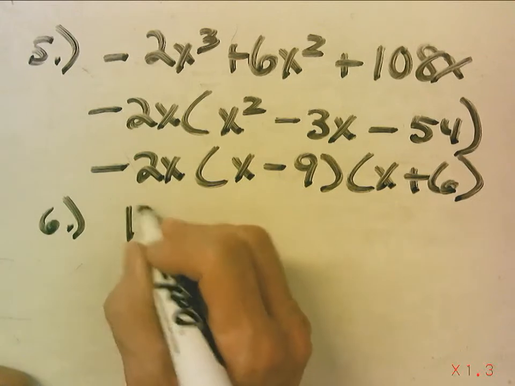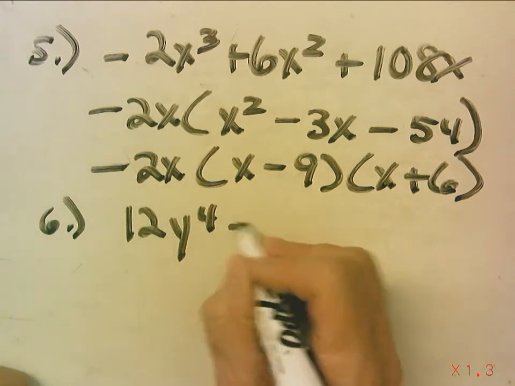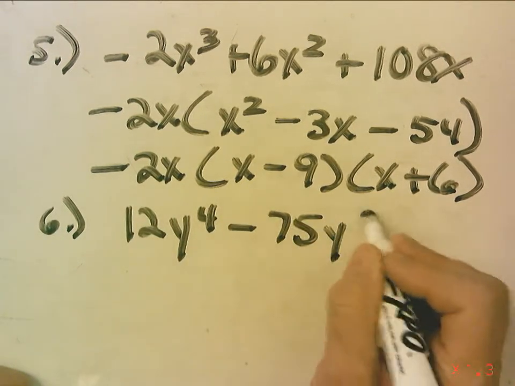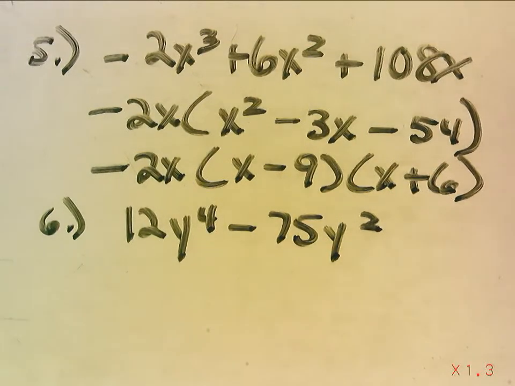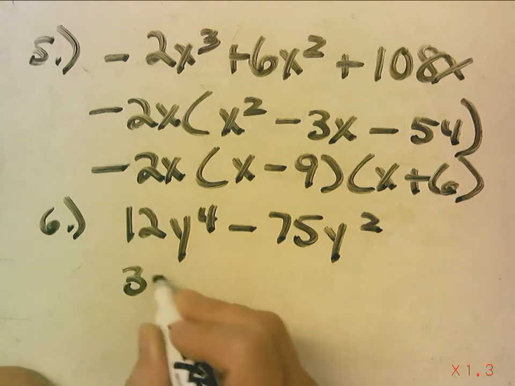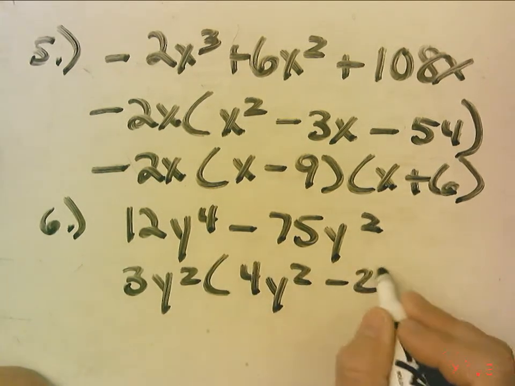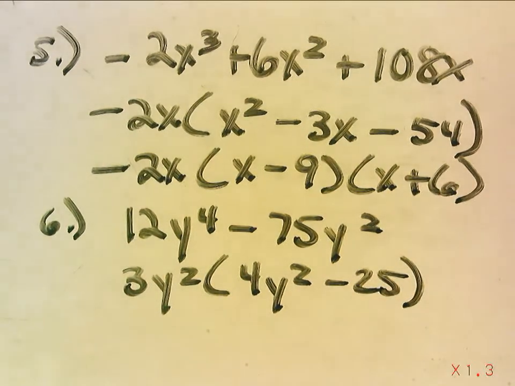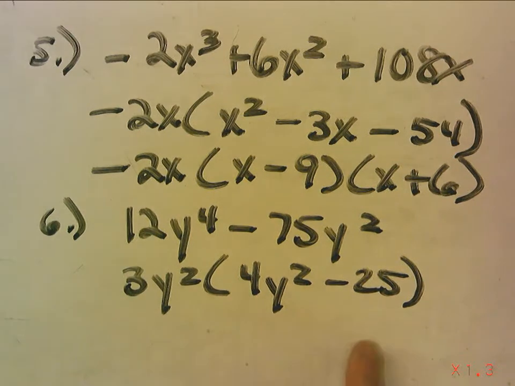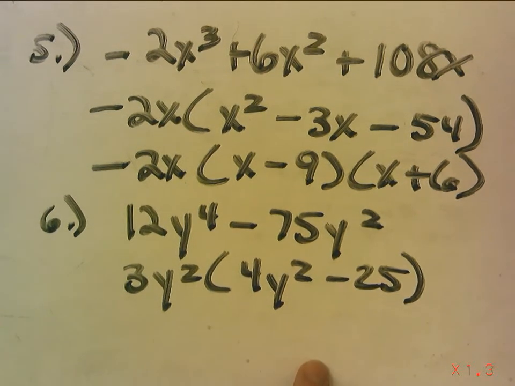Number 6, 12y to the 4th minus 75y squared. Again, I can't divide by anything, but I can factor out. I'm going to factor out 3y squared. That leaves me with 4y squared minus 25. Now, am I done? I am not done. Because whenever you see a binomial, you always have to ask yourself, is this the difference of squares?